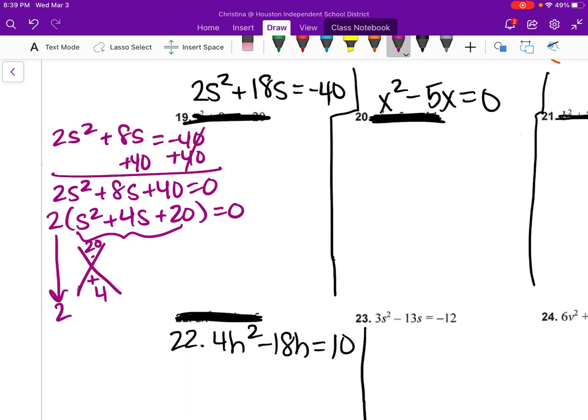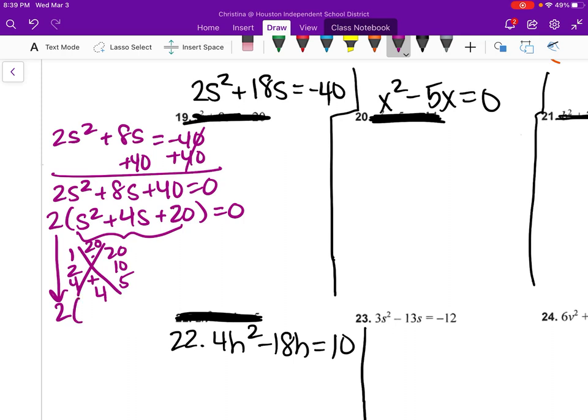She might have. Gross. Let me think. 1 times 20. Let me write these out: 1, 20, 2, 10, 4, and 5. Well, looks like this one can't be factored. Well, not anymore at least.